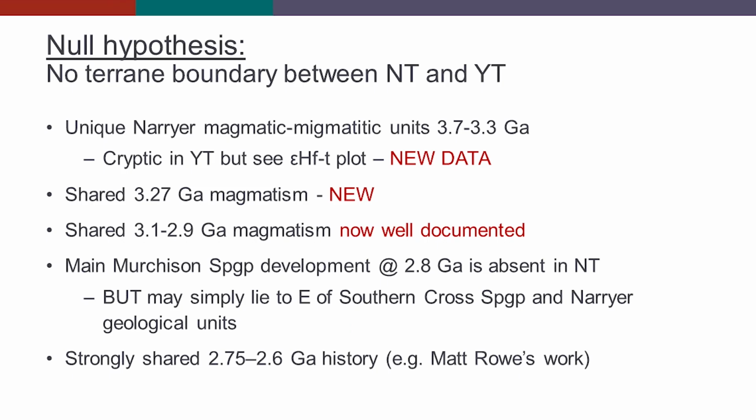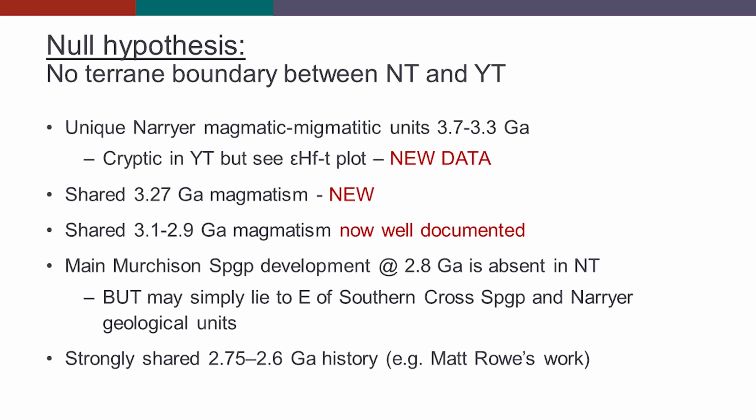So the hafnium data itself also adds to that story, whereby we are finding these Narrier terrane aged units possibly at depth as a basement source across wide areas of the Youanmi terrane.